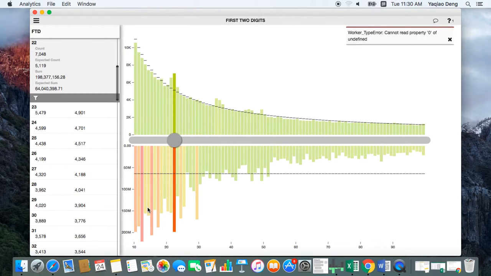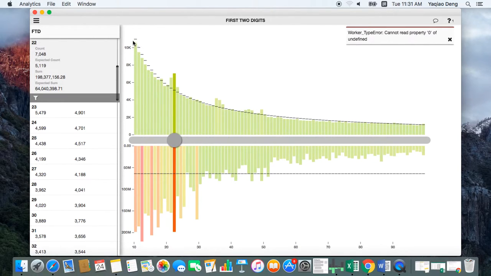So what is the first two-digit analysis? It compares the distribution of the first two digits of the financial numbers for variances with the Benford's distribution. This is an adaptation of the published work of Dr. Mark Nigrini on the application of Benford's law to financial numbers.